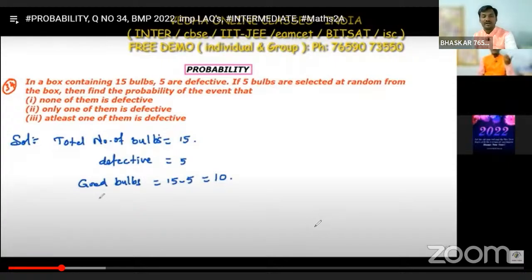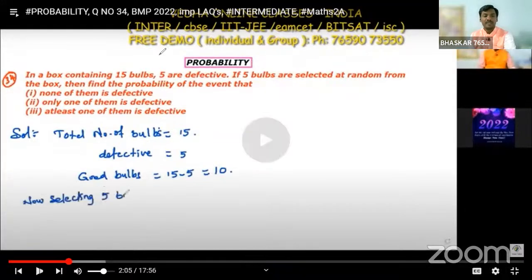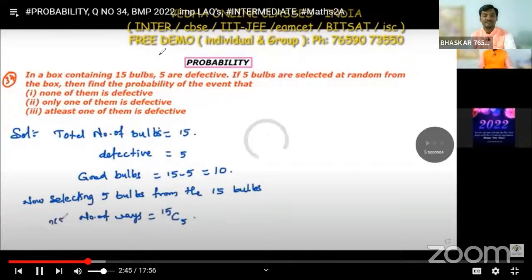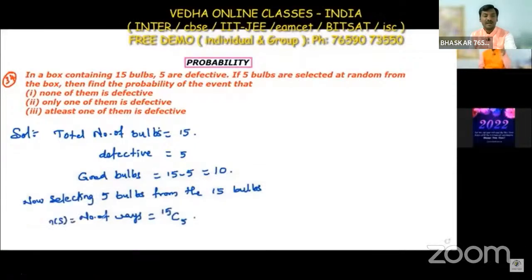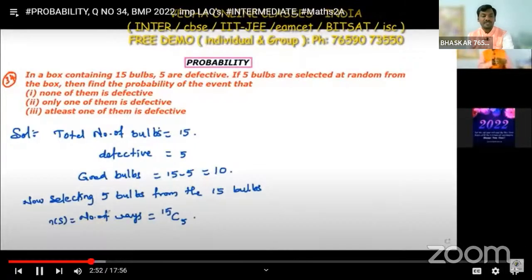After finding the non-defective bulbs, what is he asking? n of S, the total number of ways. Now we have to select the sample space: we have to select 5 bulbs from 15 bulbs.